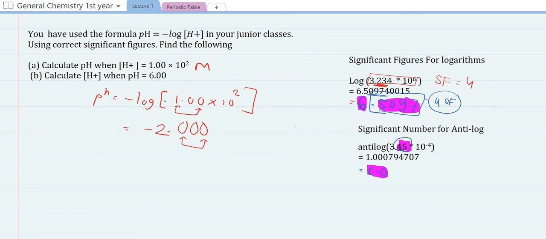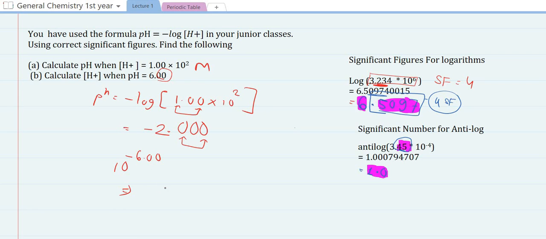So we should do the antilog of the pH, which is 6.00. When calculating the antilog, we should also consider the digits after the decimal point. There are only two digits after the decimal point, so it should be two significant figures. While calculating this, we get 10 raised to the power of -6.00.